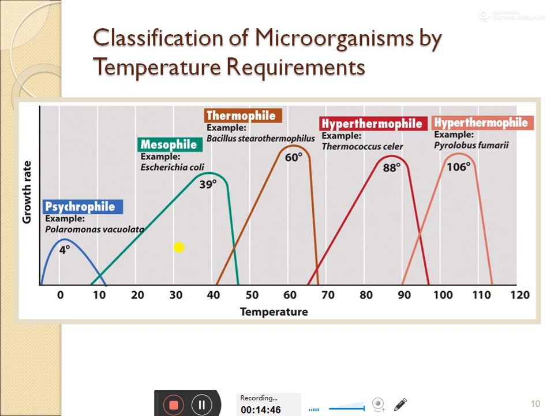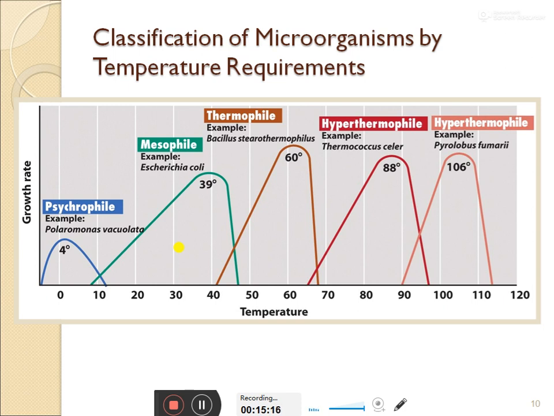The common example of psychrophiles is Polaromonas vacuolata, mesophiles Escherichia coli or E. coli, the thermophiles Bacillus stearothermophilus. It is the bacteria that is used as a biological indicator to check the sterility, to validate the autoclave.